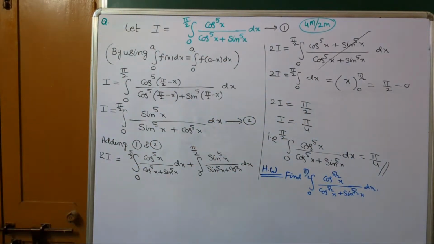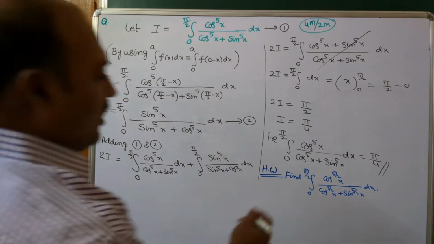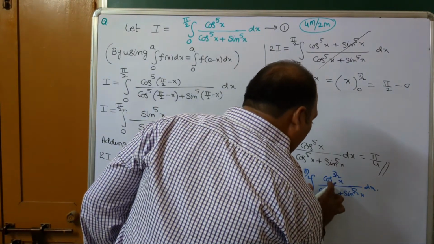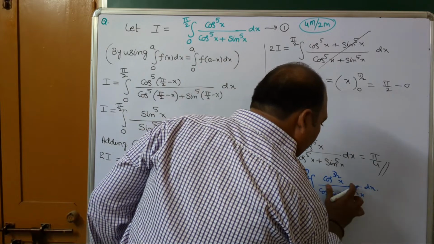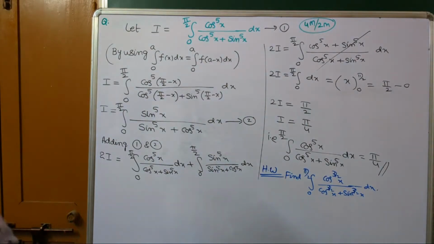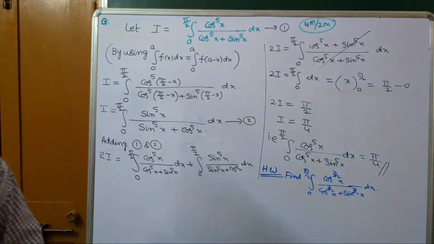This question is also there in the examples. Cos power 3 by 2 is also there, not 5 by 2, 3 by 2. Wherever 5 by 2 is there, you can write 3 by 2 and calculate. So the same answer you will get, but the procedure will be similar.